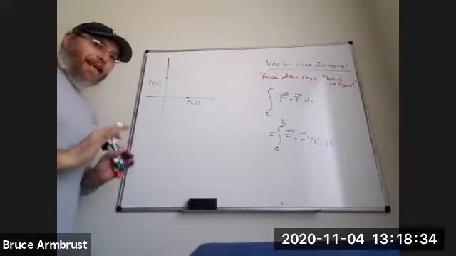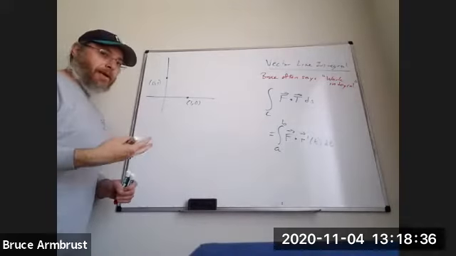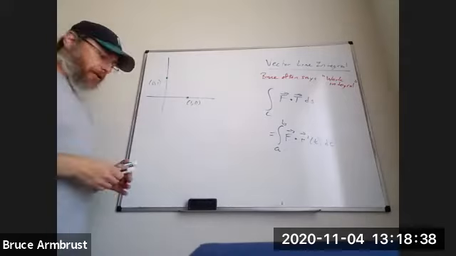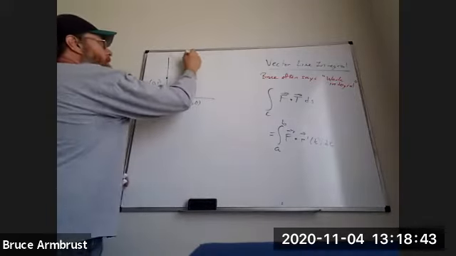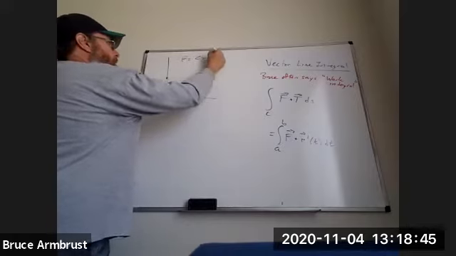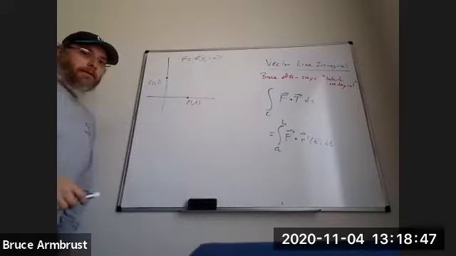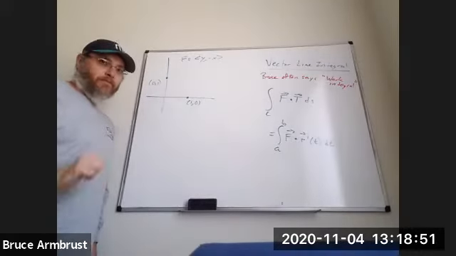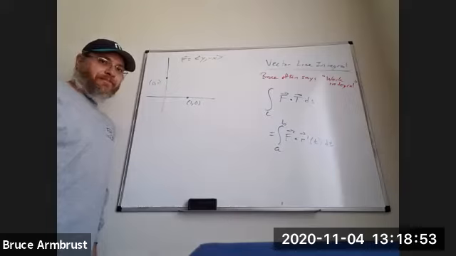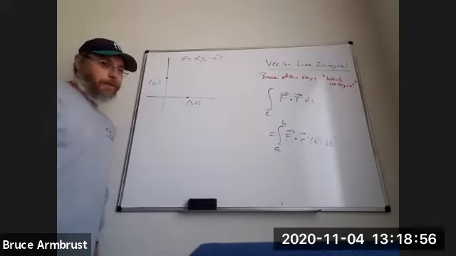Well, let's do the same thing. We'll do the same three, but this time we're going to change our field. So this time let's make our field y comma negative x. So it's a little bit different. But we're going to do the same thing that we did before.